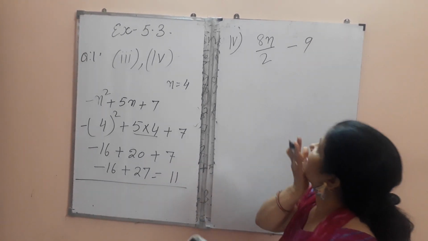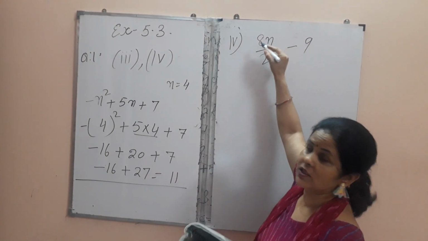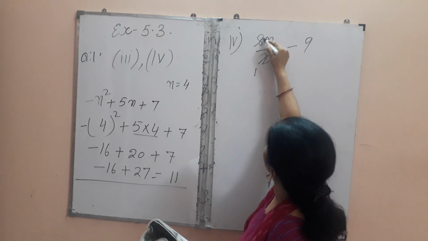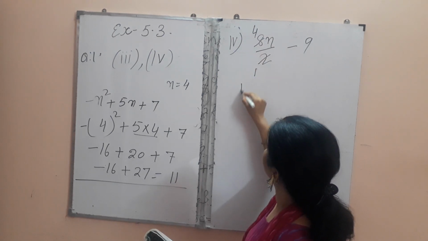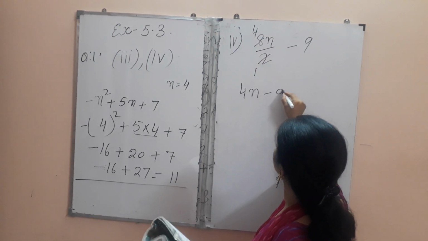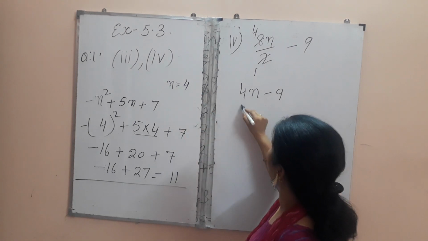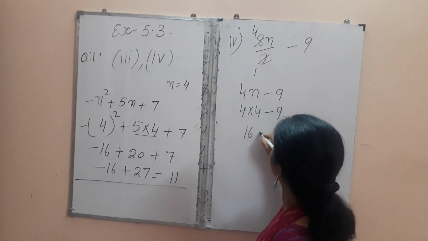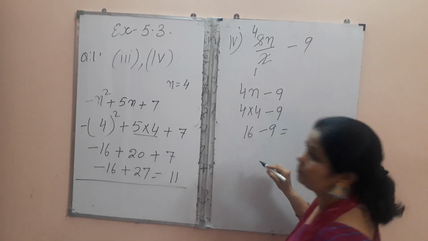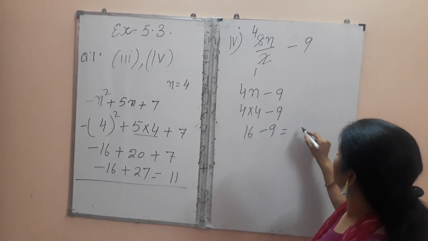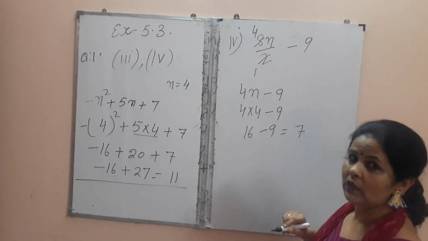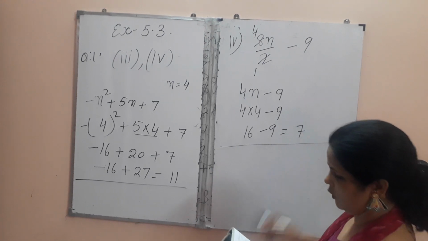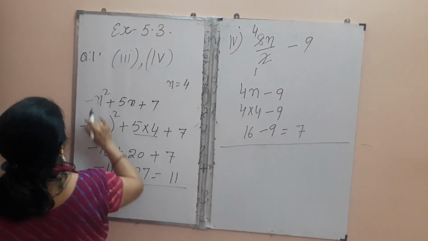So here we can solve this fraction. 2 ones are 2, 2 fours are 8. So it will be 4n minus 9. The value of n is 4. 4 into 4 minus 9. 16 minus 9 is 7. Answer is 7. Now we will solve question number 2.